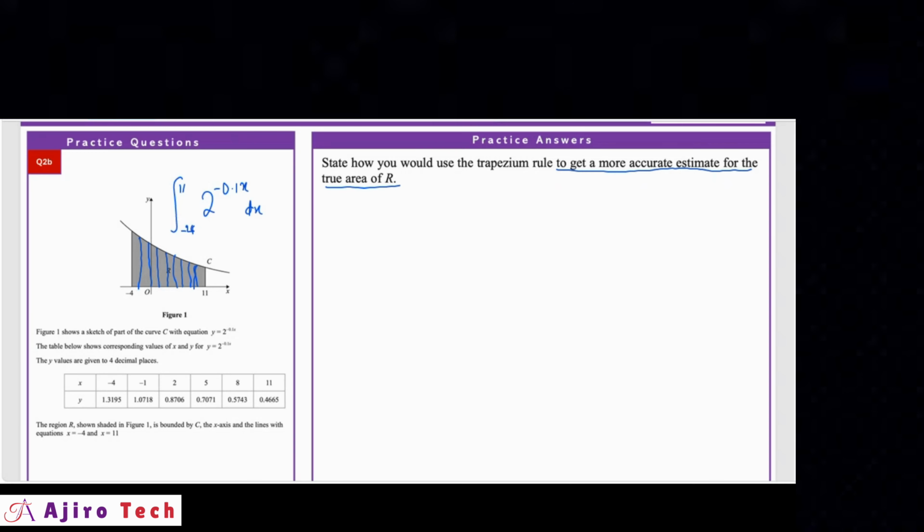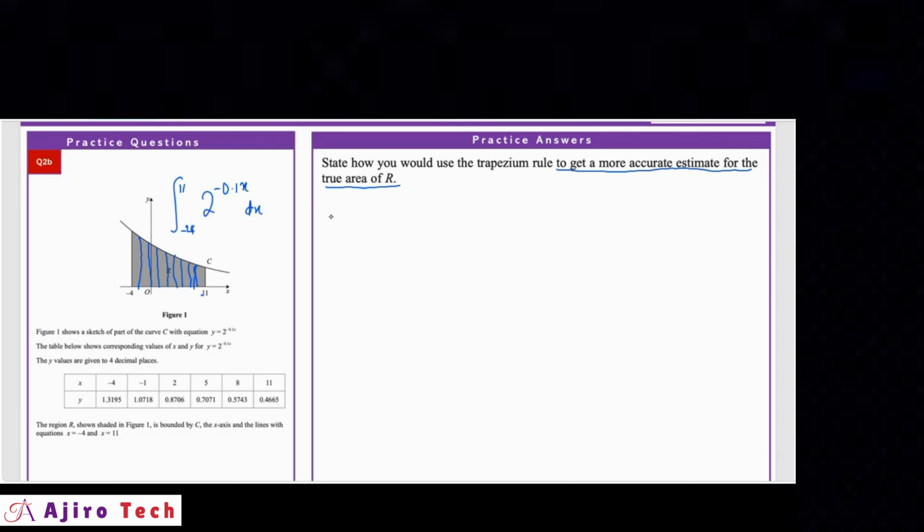Now we can say we have 5 strips inside this. But if we increase the number of strips, then our answer will be more accurate.